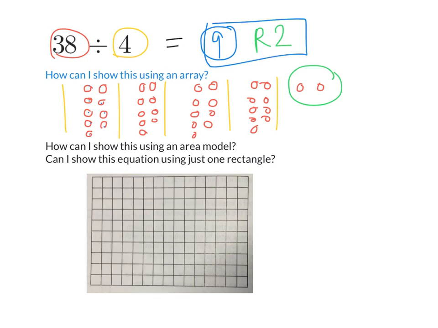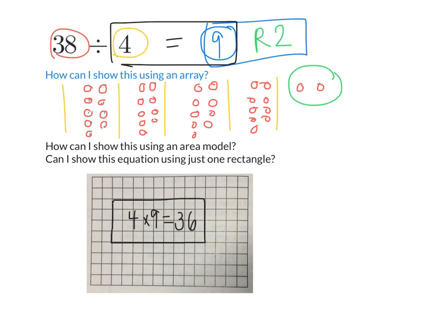So same thing here. In order to show this using an area model, I can get 36 squares by doing 9 times 4, right? Based on our math facts, we know this is 36 squares. 4 times 9 equals 36. But we want to end up with 38, right?